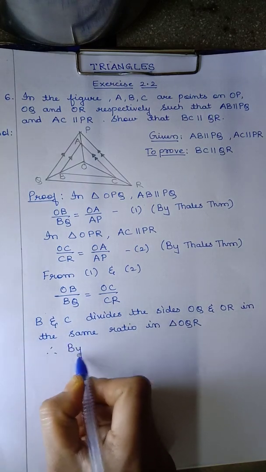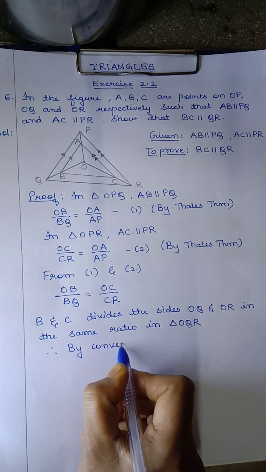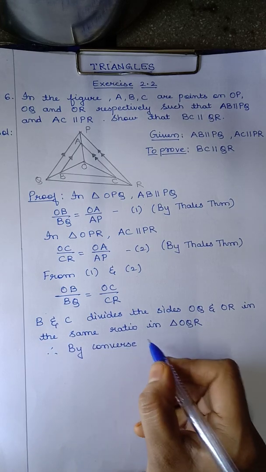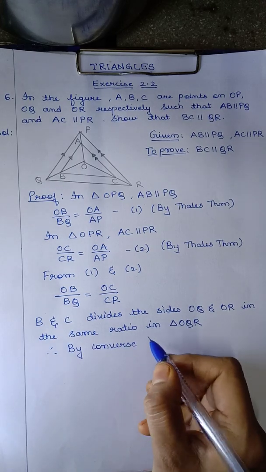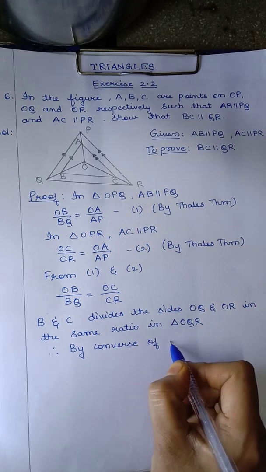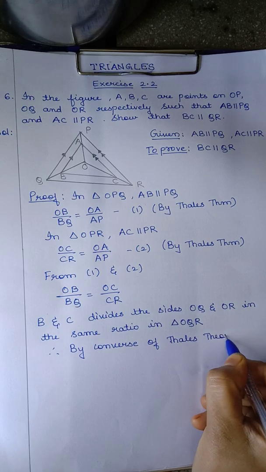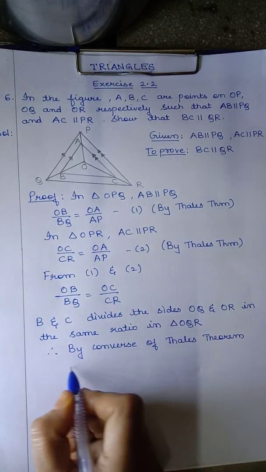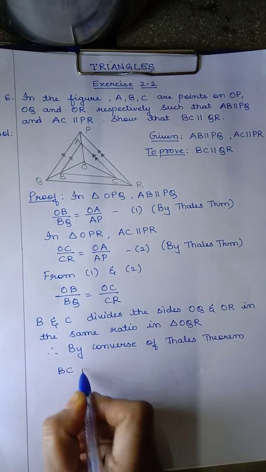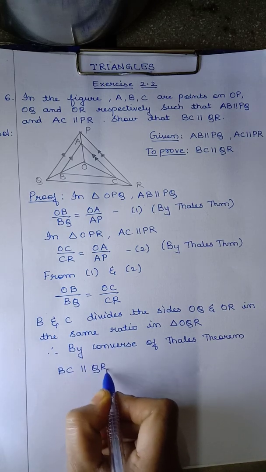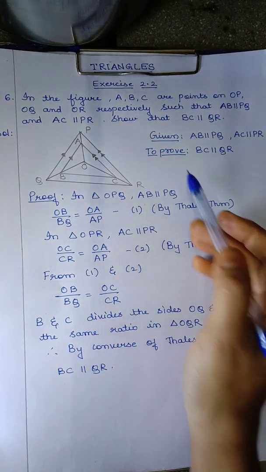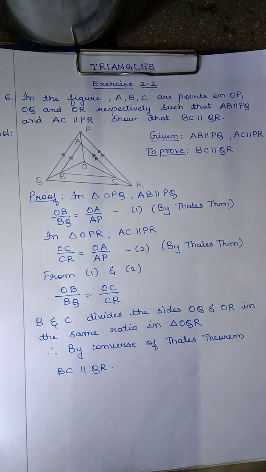These things you have to write when you are using the converse of Thales theorem. Therefore, by converse of Thales theorem, BC will be parallel to QR. Thus it is proved that BC is parallel to QR.